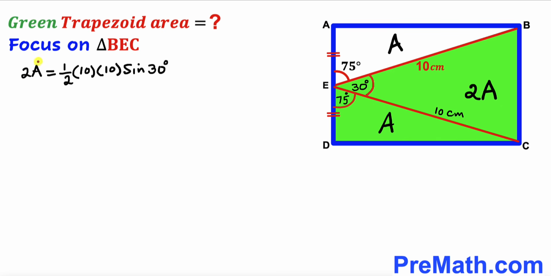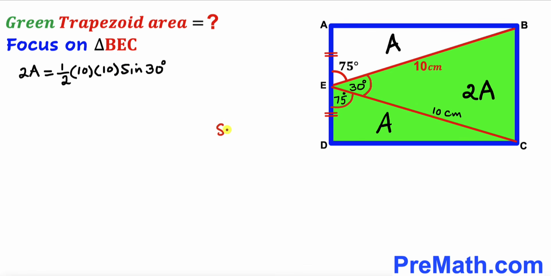And now our task is to find the value of area uppercase A. Let's focus on this sine of 30 degrees. Sine of 30 degrees is always equal to 1 divided by 2. So I'm going to replace sine of 30 degrees with 1 divided by 2 over here.